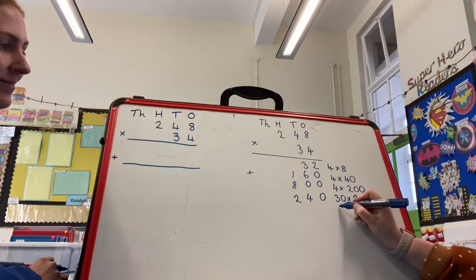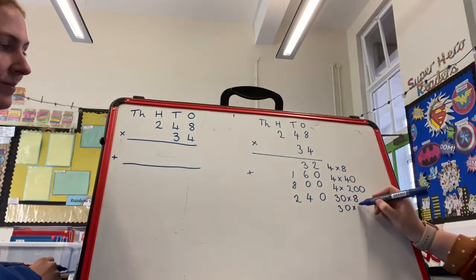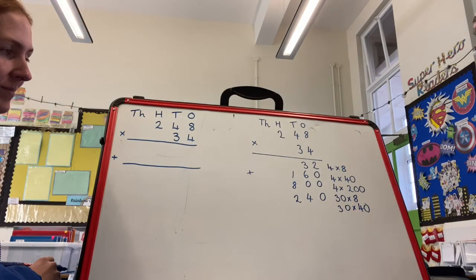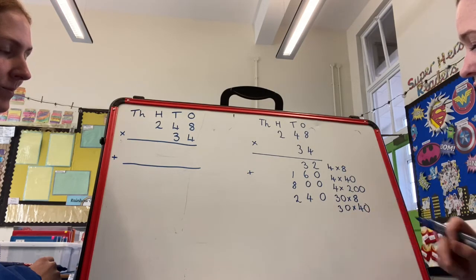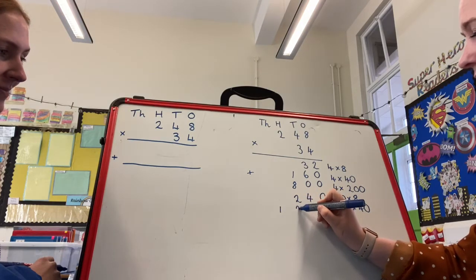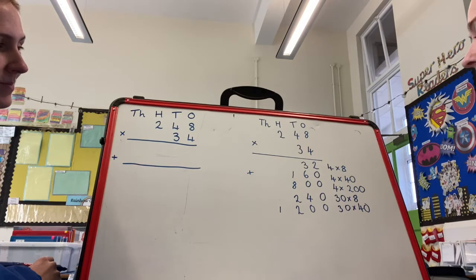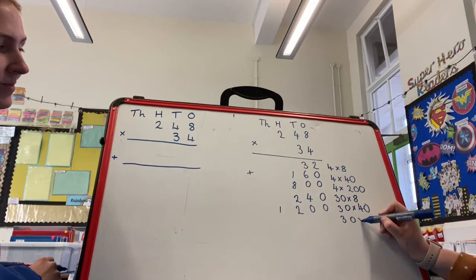And I'm doing 30 times by 40. 4 times 3 is 12. Multiply it by the 100 is 1,200.